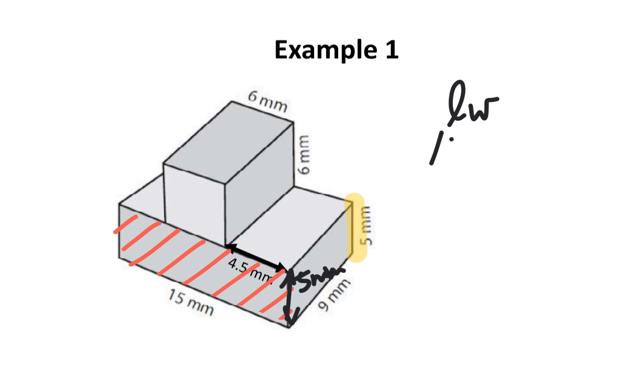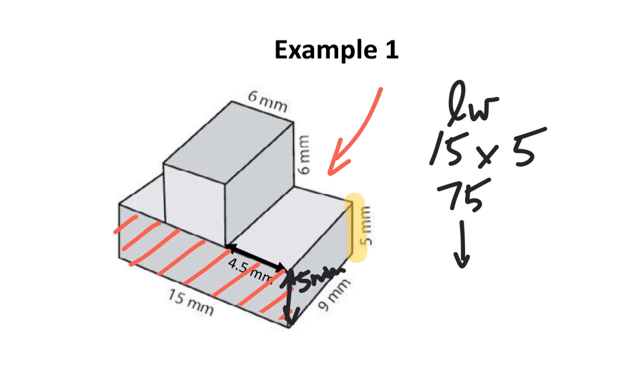The length is 15 and the width is 5. 15 times 5 is 75. However, this rectangular face is duplicated on the other side of this composite figure. Therefore, we can take this 75 and multiply it by 2, which would give us 150 millimeters squared.